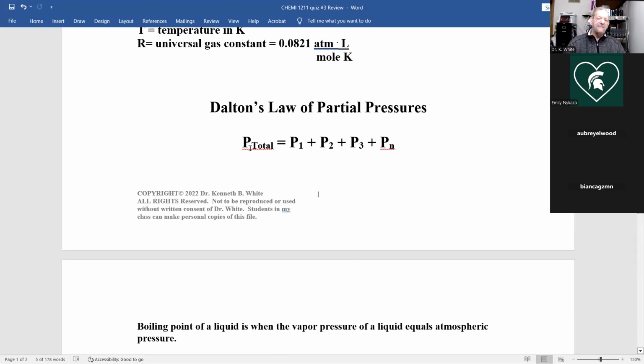And here, P total is the total pressure, and P1, P2, P3, and P4 are the partial pressures of each gas in that mixture. And partial pressure means, and I'll never ask you what is partial pressure, but you should understand it. That's the pressure of the gas if it were alone instead of in a mixture. What would be that pressure?